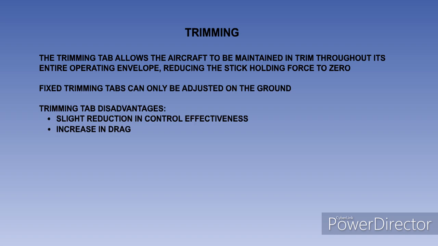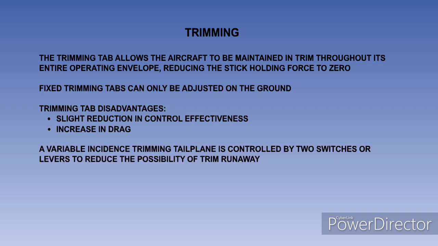The disadvantages of trimming tabs are a slight reduction in control effectiveness due to the tab force being in opposition to the main control flying surface, and an increase in drag due to the deflection of the tab. A variable incidence trimming tailplane does not have the disadvantages of the elevator trim tab. Plus, it has the ability to trim for larger changes in speed and centre of gravity position.